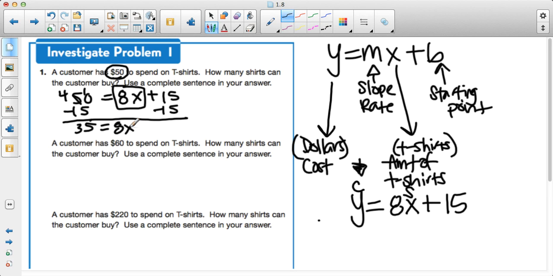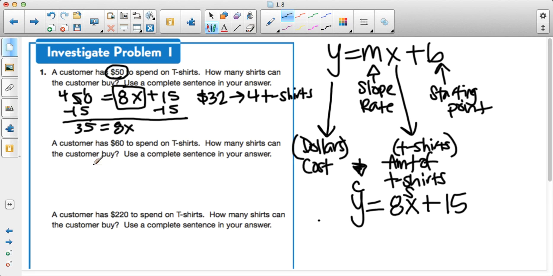Does that go in evenly? No. So let's count by 8s to figure that out. 8, 16, 24, 32. So I know for a fact $32 would get me 4 t-shirts. But I'll have a little extra money left over because I can't buy 4.375 worth of t-shirts. So I'm only going to buy 4 t-shirts, and I can't go over that limit.